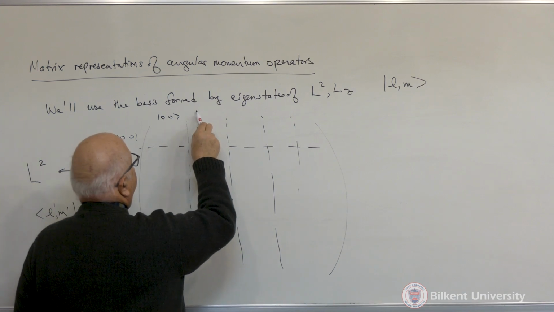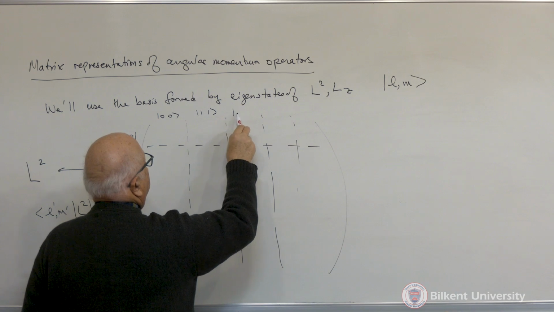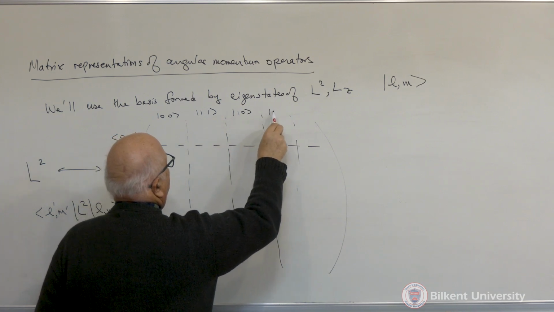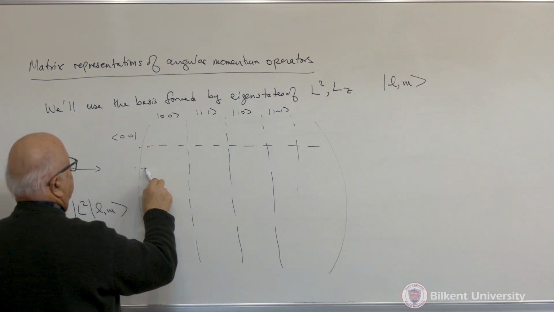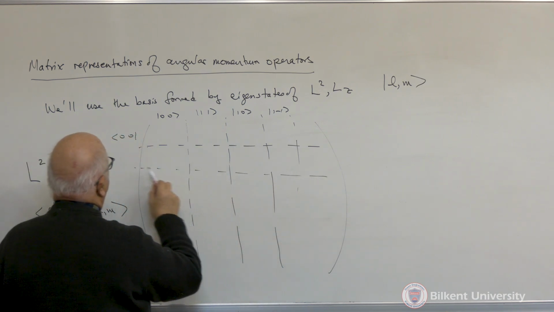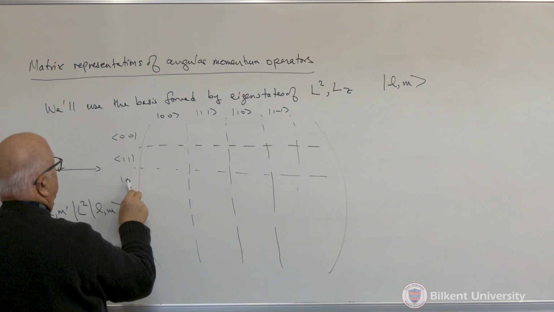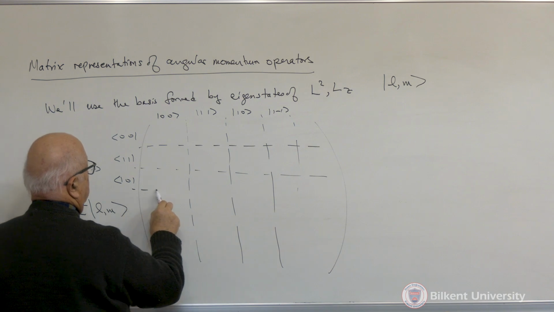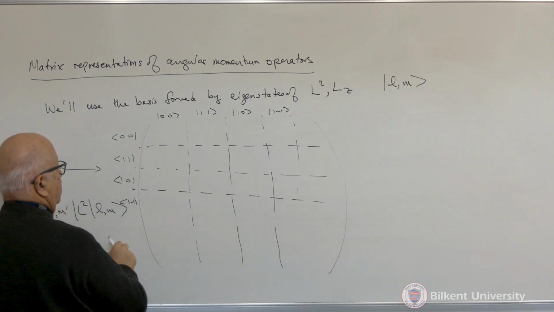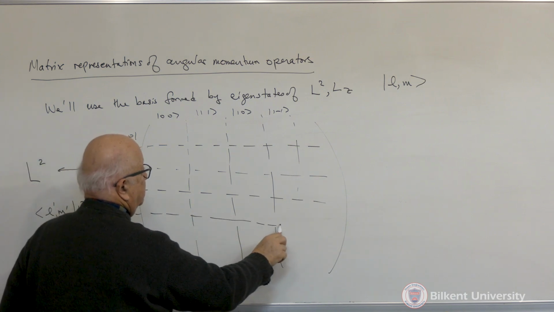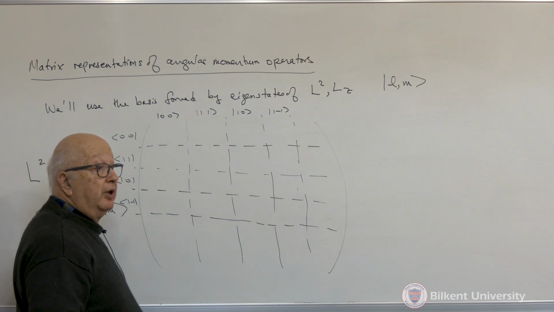So what do I have more? I have L equal to 1 states: 1,1, 1,0, 1,minus 1. I'll put them in the same order. And then comes L equal to 2 states, but I'm not going to carry this out any further.